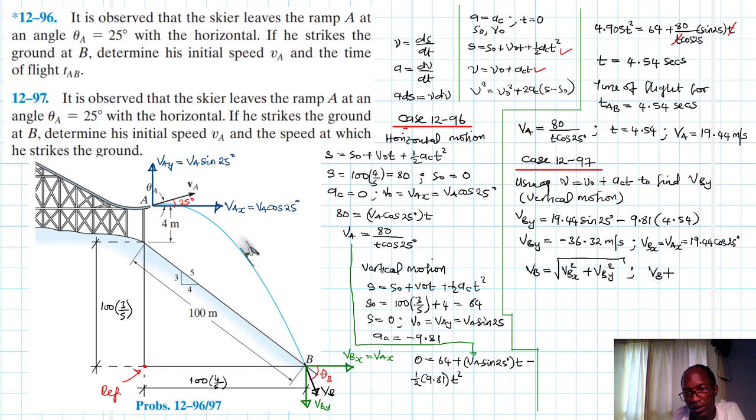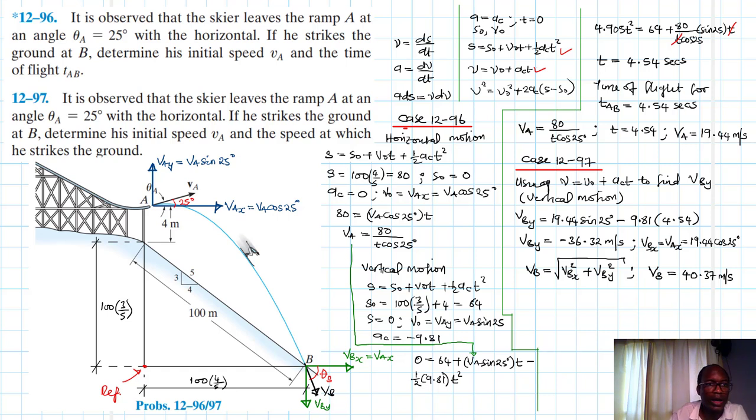Therefore, our VB is equal to the square root of 19.44 cos 25 squared plus 36.32 squared, and we have 40.37 meters per second.